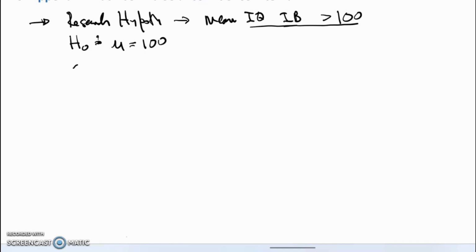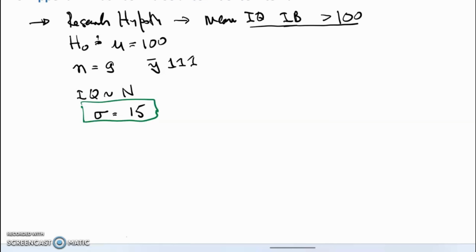And then they go out and collect some data, sample size of 9. They observe an average IQ of 111 in that sample. Then they make a couple of additional assumptions. The first assumption is that the IQ of the IB students is normally distributed. And secondly, the standard deviation of that normal distribution is equal to 15. This particular assumption is not necessary if I want to illustrate the ideas behind the p-value.